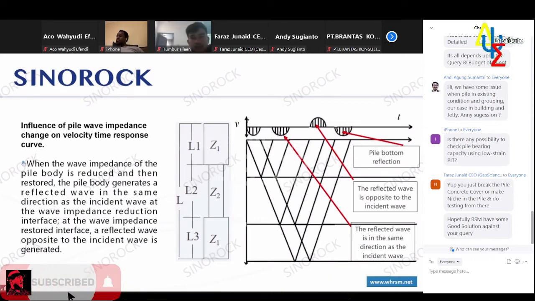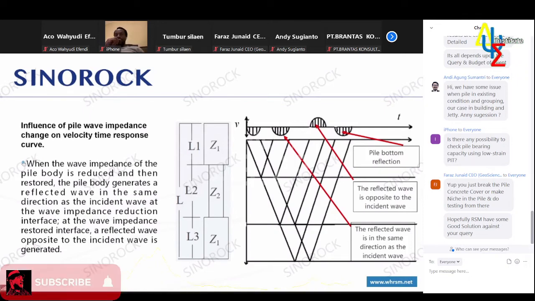The pile body will produce a reflected wave in the same direction as the incident wave at the interface with reduced wave impedance. But when it is restored from the reduced interface to the original impedance, it will produce a reflected wave opposite to the incident wave, with a schematic diagram of a curve drawn in the middle.